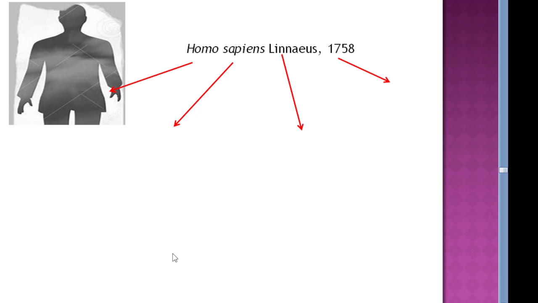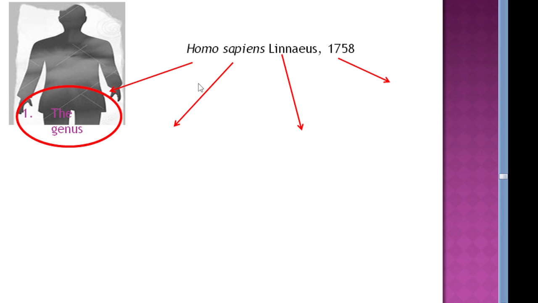In the first position, we put the genus. Okay, and as you can see, the genus and the species are written in italic style, and the first letter of the genus is capitalized.